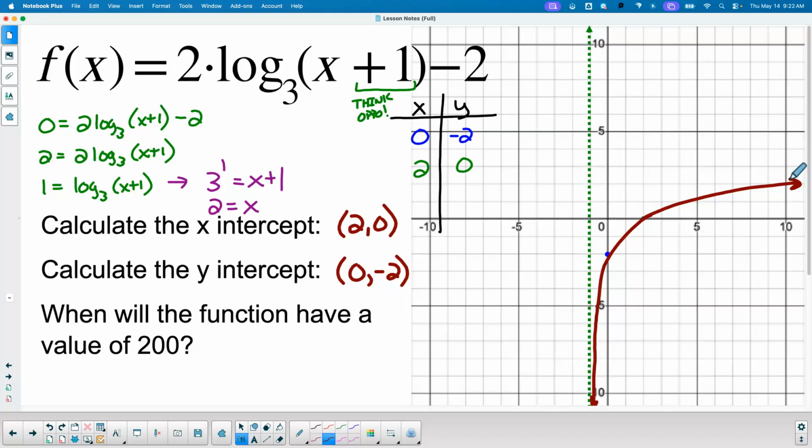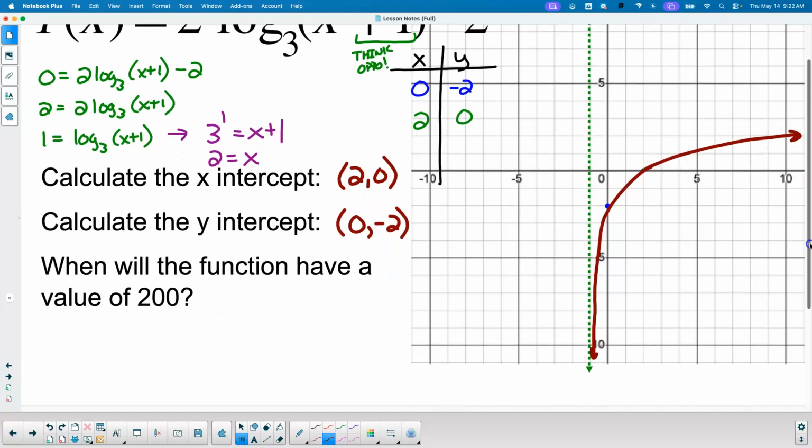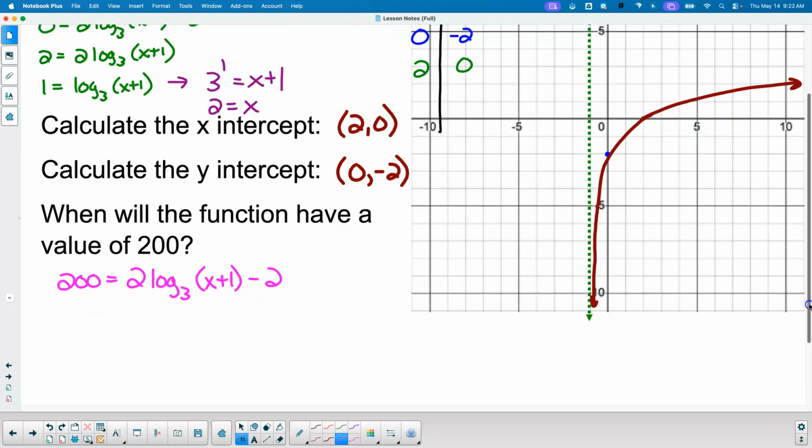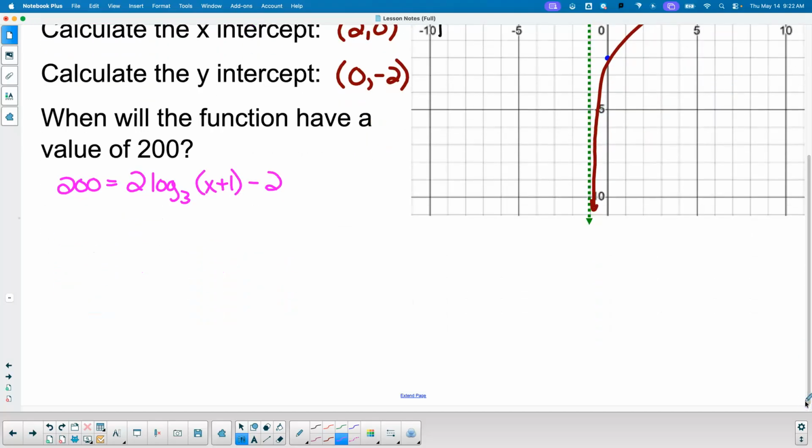When will the function have a value of 200? So 200 here is going to equal 2 log base 3 of x plus 1, then minus 2. Add 2 to both sides.